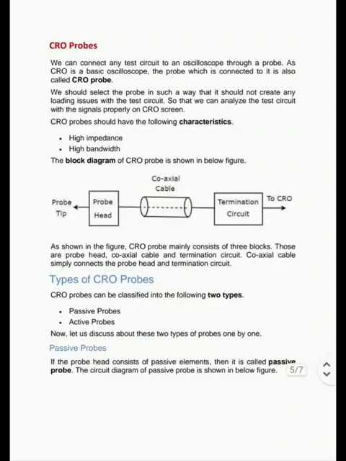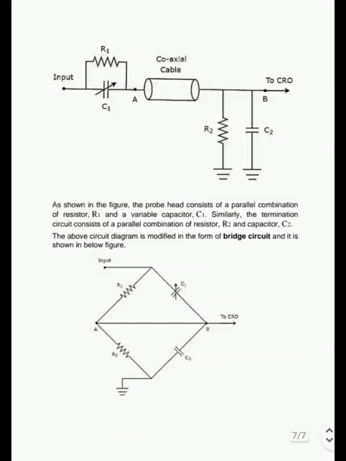First, passive probes. If the probe head consists of passive elements, then it is called a passive probe. The circuit diagram of the passive probe is shown in the figure. The head consists of a parallel combination of resistor R1 and a variable capacitor C1.